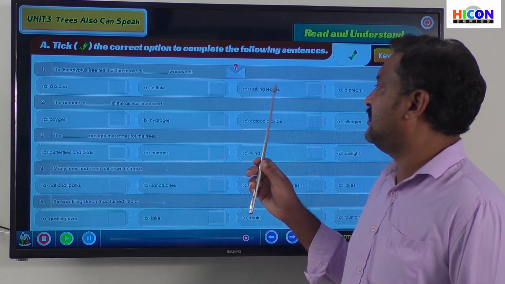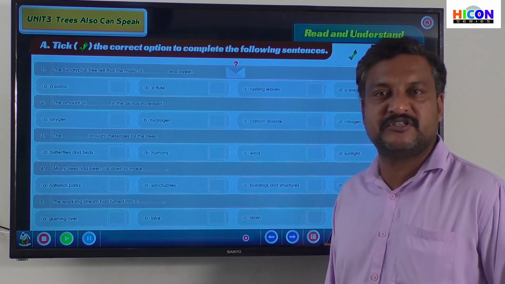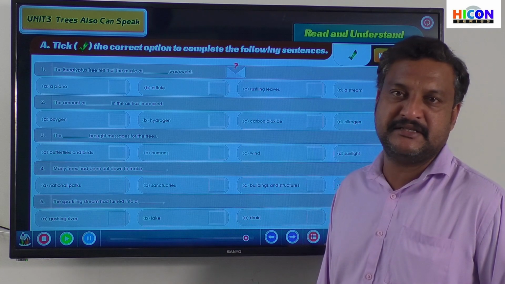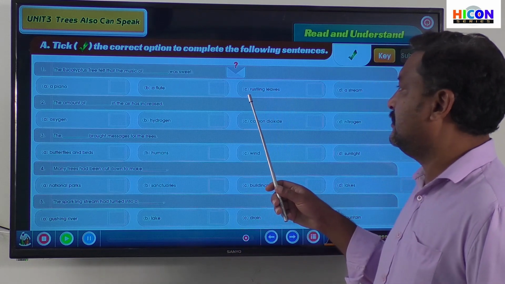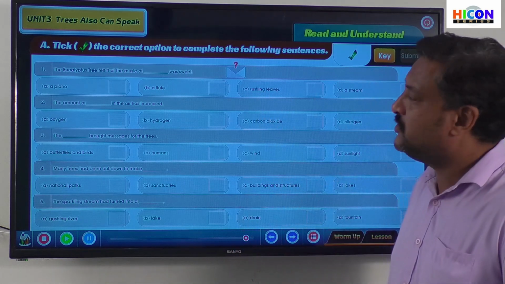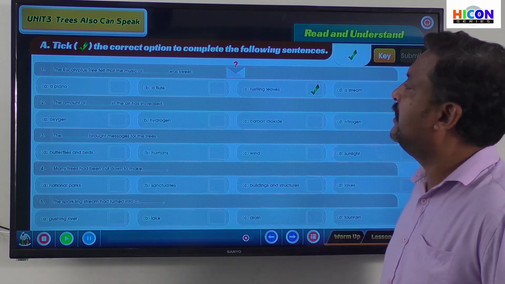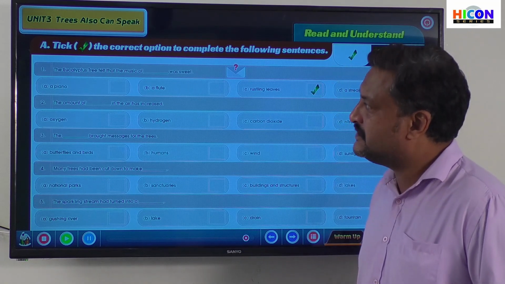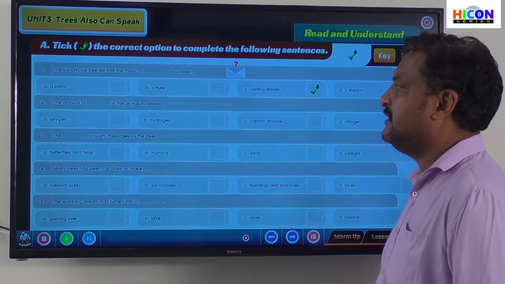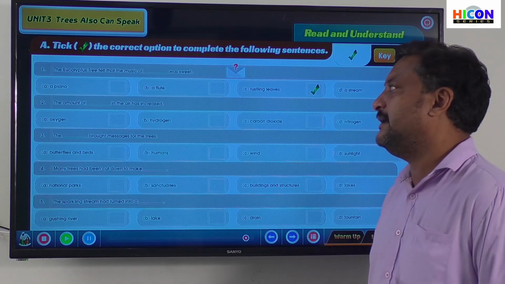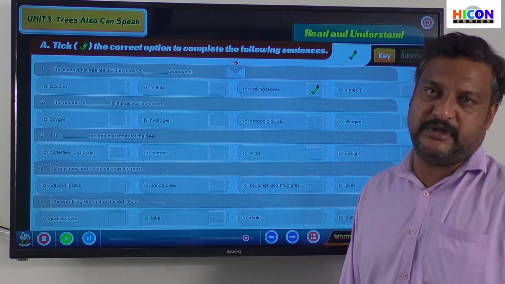The rustling leaves. So we drop a tick mark there to mark the answer: the eucalyptus tree felt that the music of rustling leaves was sweet.